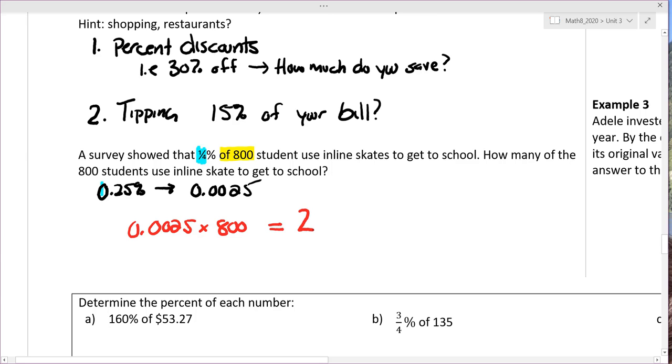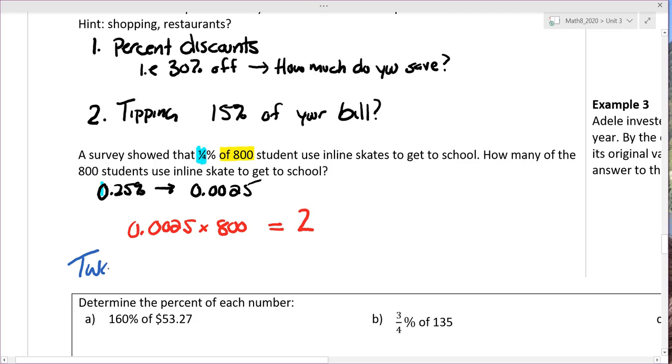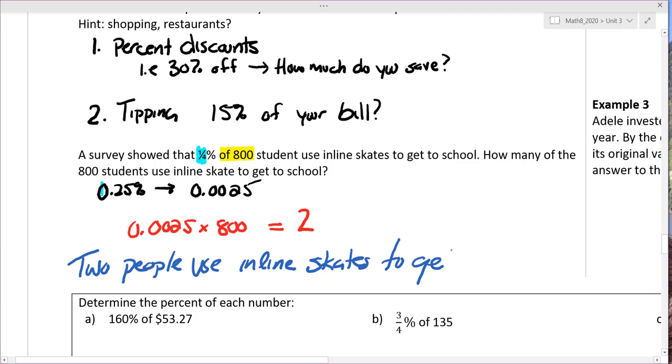We give a little statement, right? 2 people skate or use inline skates to get to school.